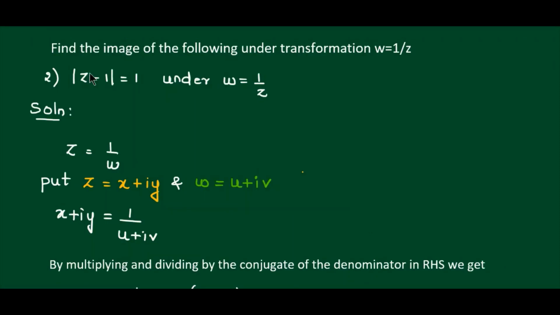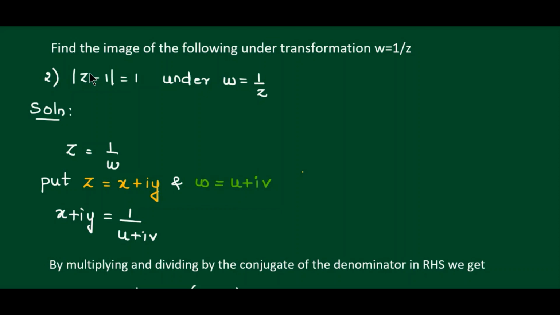Find the image of the following under the transformation W equal to 1 by Z. Mod of Z minus 1 equal to 1 under this transformation. That is, we are going to find the image of this equation under this transformation. And for that, we are going to make use of Cartesian coordinates. For that, you have to rearrange this equation and then find out x and y, which we have done in our proof.